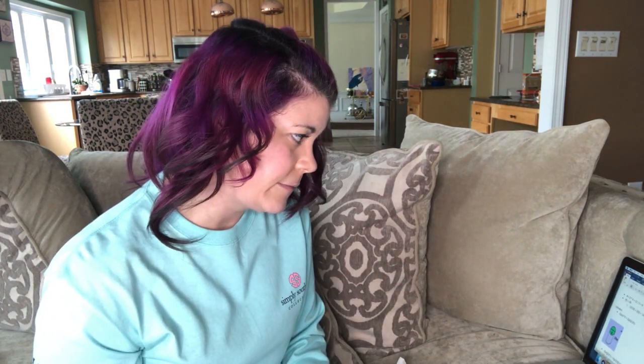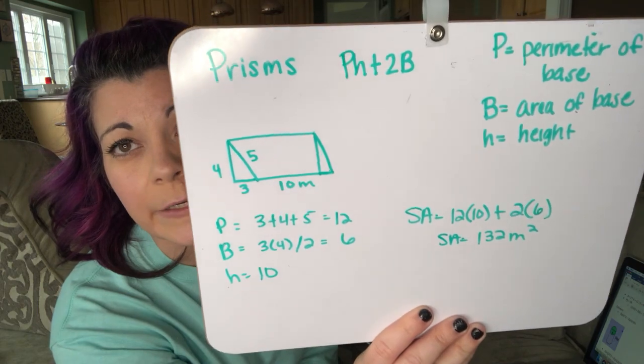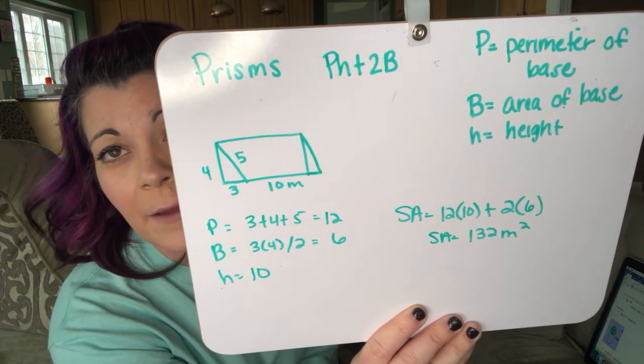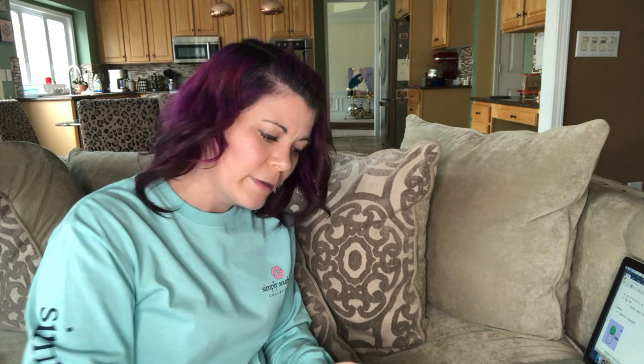And again, everything's in meters. So surface area is going to be 132 meters squared when I solve it. So that is how you find surface area of a triangular prism. So those are all the different types of prisms: rectangular prism, triangular prism, and a cube.